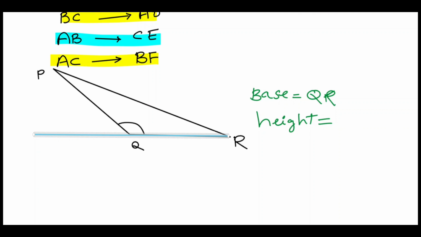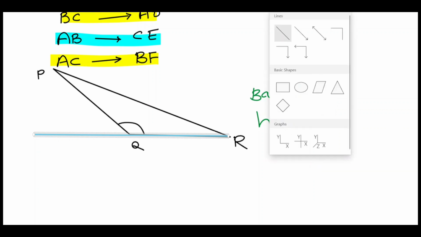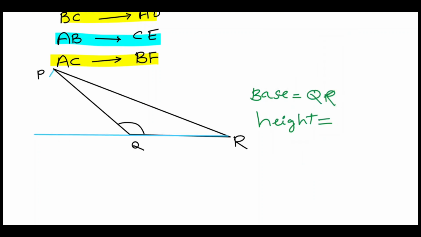The opposite vertex of QR is P. From the point P, draw one perpendicular line onto QR. Let us name this PS. So PS is the height of the triangle. If you consider QR as a base, then its height is PS.